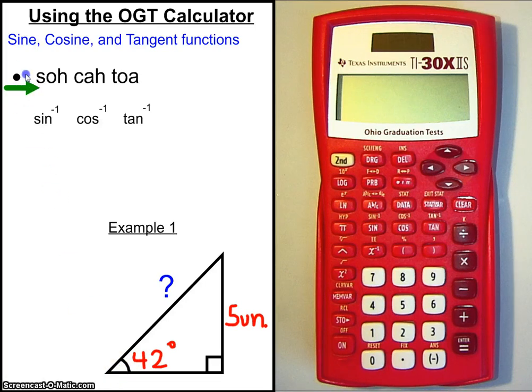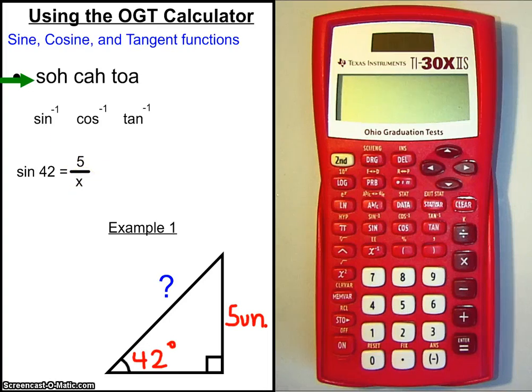In this case, we have opposite and hypotenuse is what we're trying to find of the angle. So since opposite and hypotenuse are what we are dealing with, we're going to use sine. If you set up the problem, it's going to look something like this. Sine of 42 equals 5 over x. So 5 denoting the opposite, x denoting the hypotenuse.